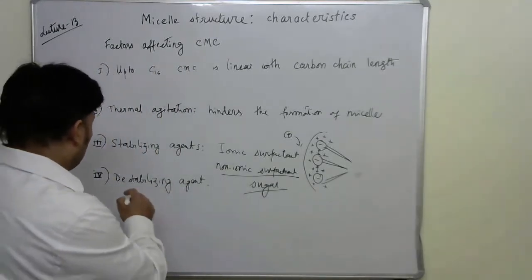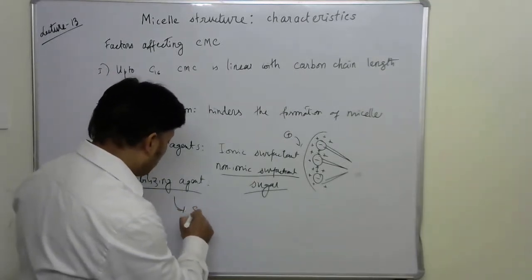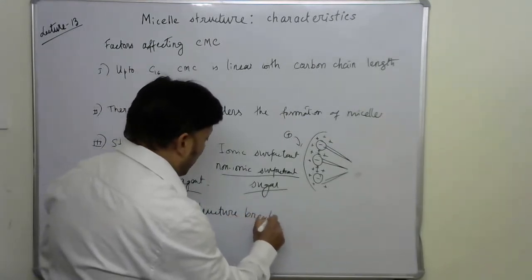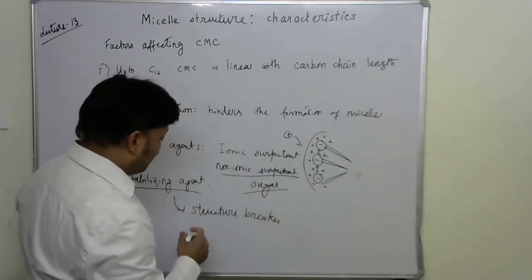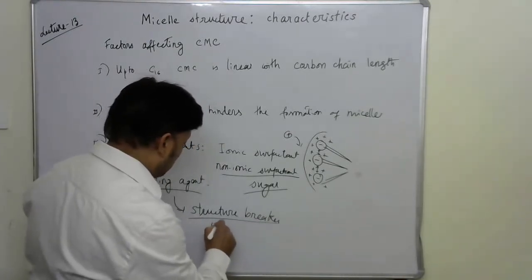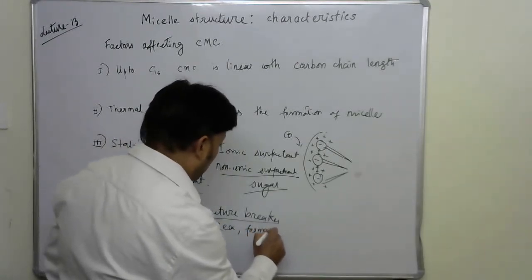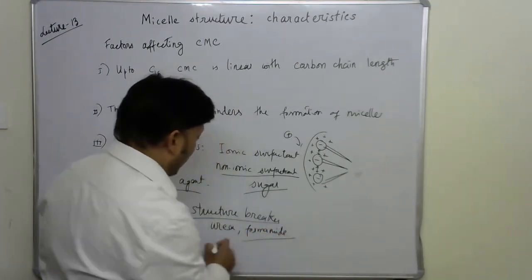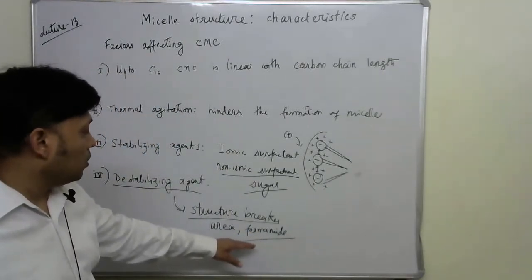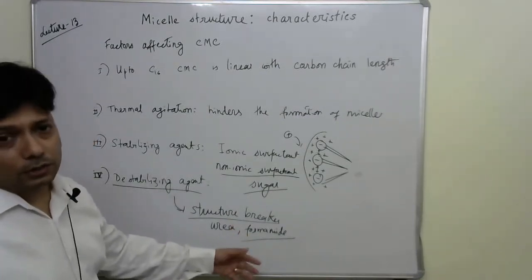And the last thing is the destabilizing agent. These destabilizing agents are also known as structure breakers, and the stabilizing ones are known as structure makers. The structure breaker molecules are typically urea, and also it could be formaldehyde. These are also known as effective denaturing agents for protein.